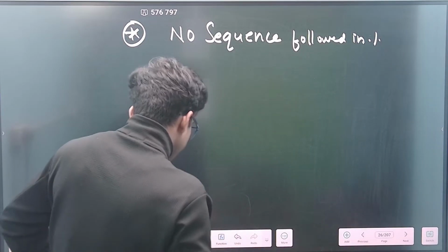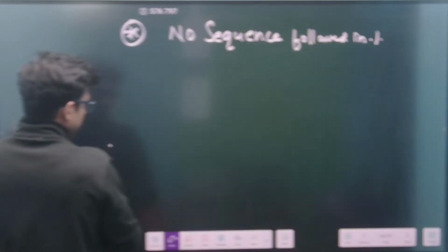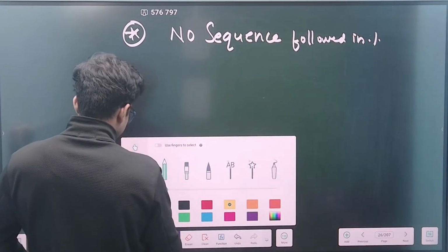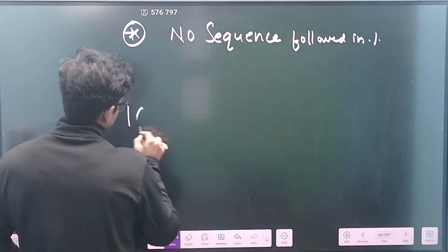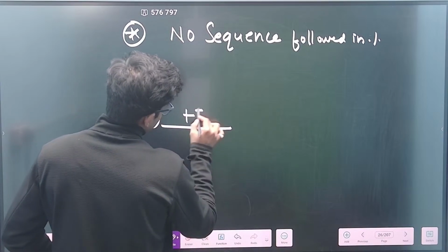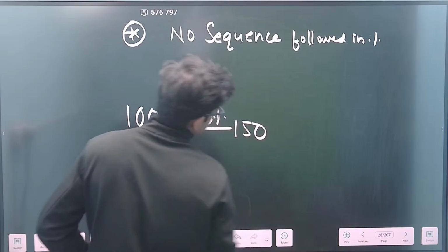Suppose I take my value 100. If I increase this value by 50%, this becomes 150.